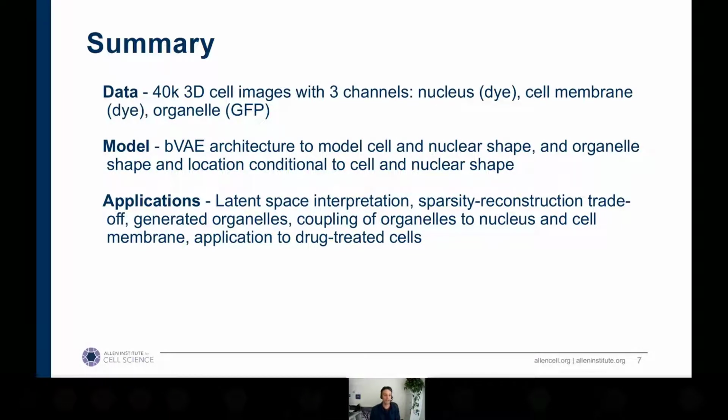We can, of course, generate pictures of organelles now with our model. We did a study towards the statistical coupling of organelles to the nucleus and to the cell membrane. And we did a small application of out-of-sample data, drug-treated cells that we ran through our model.